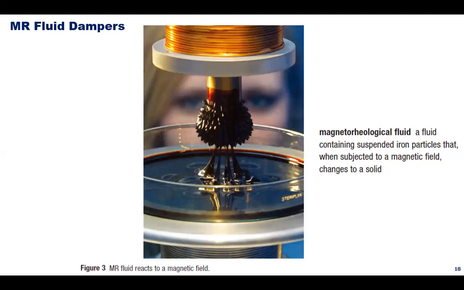Although MR fluid was introduced in the 1940s, the technology required to control the force of the magnetic field, and thus the strength of the fluid, is a recent development. Due to advancements in the technology, MR fluids are now being used in car shock absorbers, washing machines, exercise equipment, and so on.